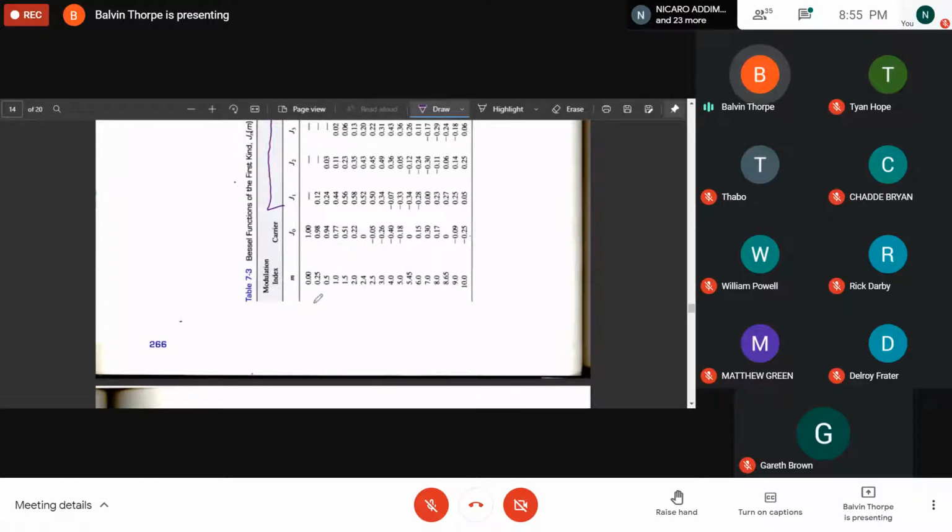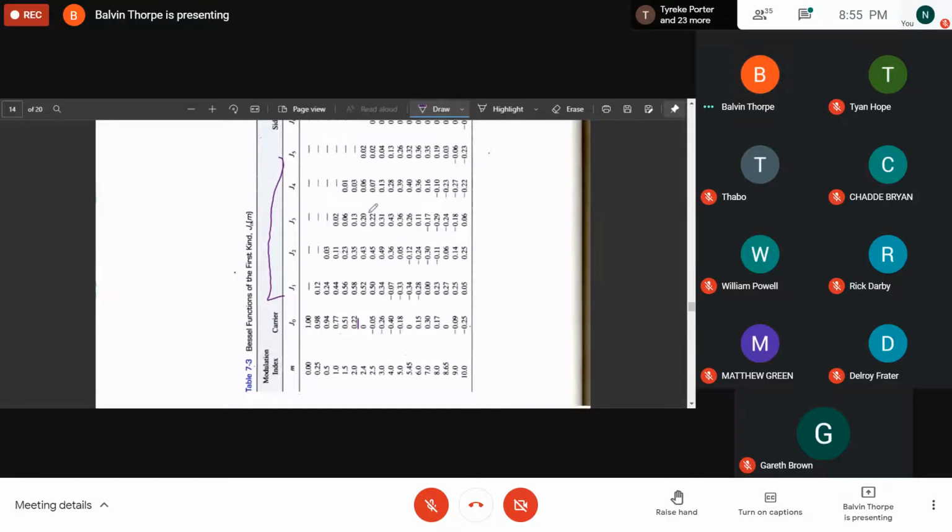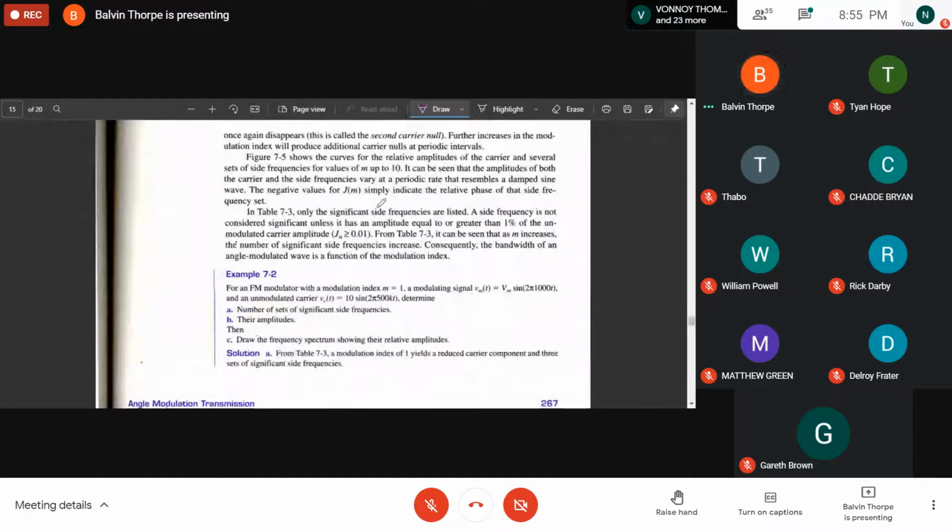When the modulation index is, let's say, 2, the carrier voltage is going to be multiplied by 0.22, and you're going to have 1, 2, 3, 4 sets of side frequency. 4 sets.